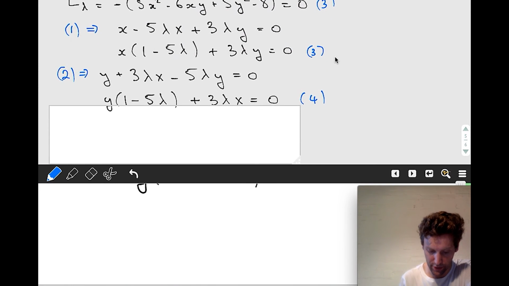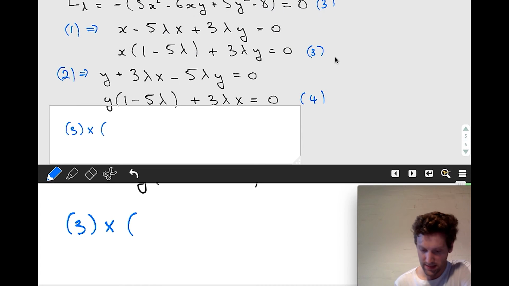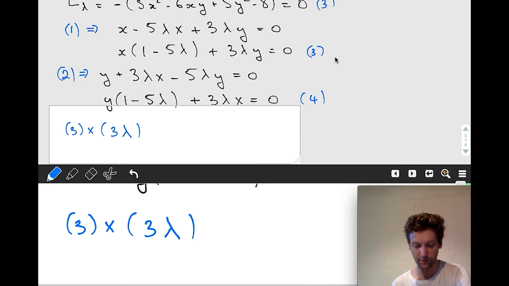Let's take expression 3 and multiply it by 3 lambda. That should be enough.